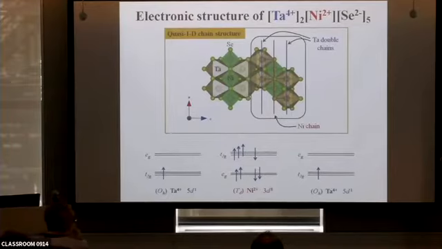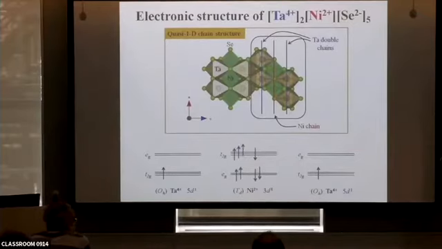Here the eg level is fully occupied and the t2g level is partially occupied. So the tantalum and nickel sites provide electrons and holes respectively. Tantalum provides the conduction band and nickel provides the valence band.